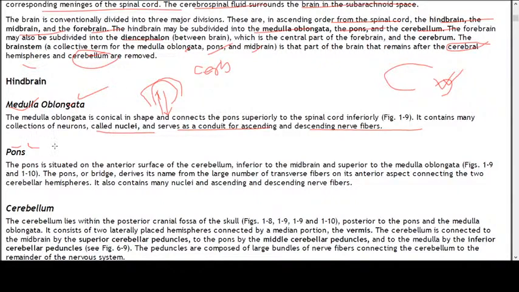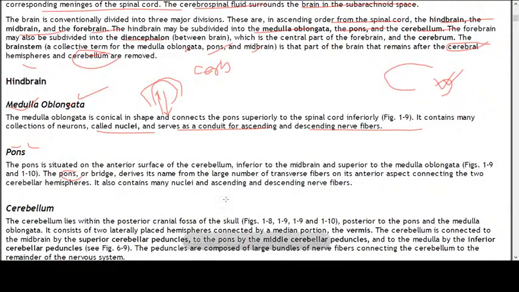So let's talk about the pons. The pons is situated on the anterior surface of the cerebellum, inferior to the midbrain and superior to the medulla oblongata. Pons basically means bridge. So the medulla was a checkpoint, and the pons is a bridge. It is named from the large number of transverse fibers on the anterior aspect connecting the two cerebellar hemispheres.